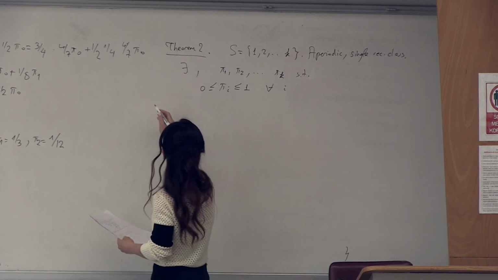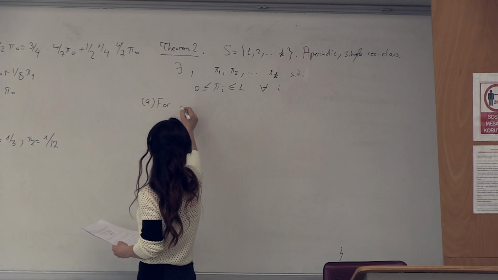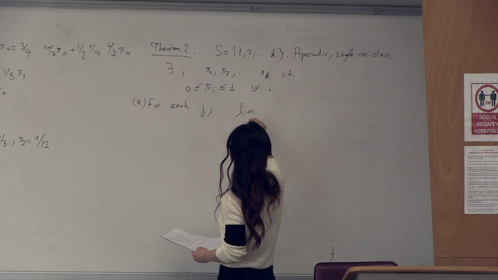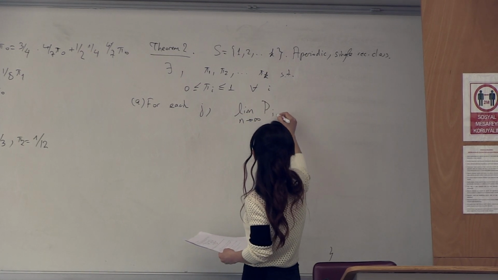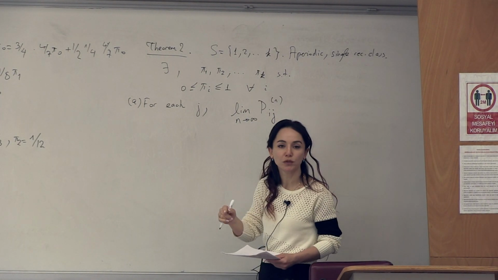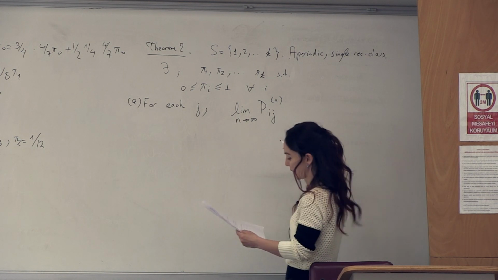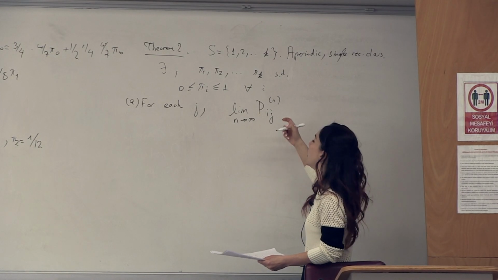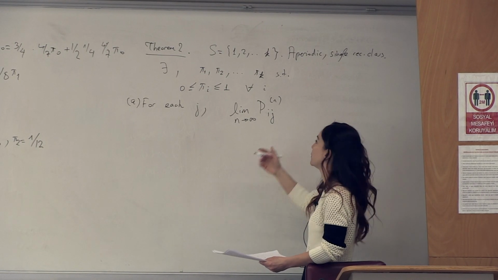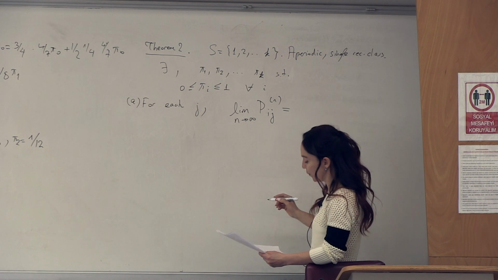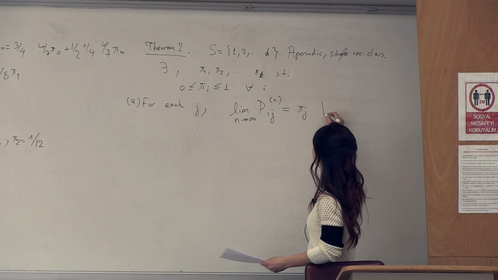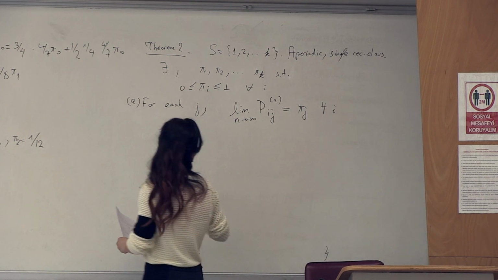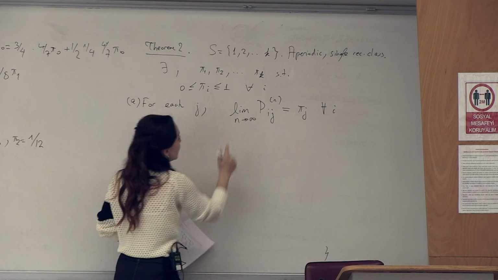And for each value of j, the limit as n goes to infinity of pij n, the probability of going from i to j in n steps, or the ijth entry of the P to the n matrix, is equal to pi j for all values of i. So it doesn't depend on the initial starting state i.